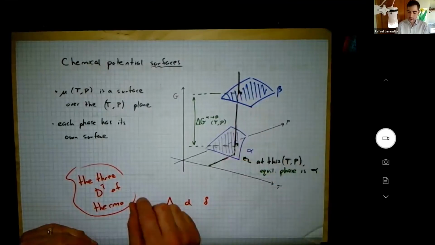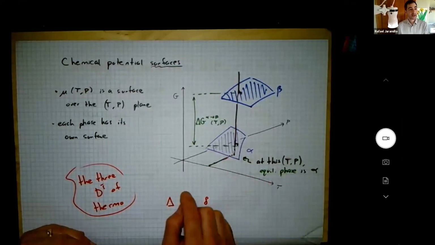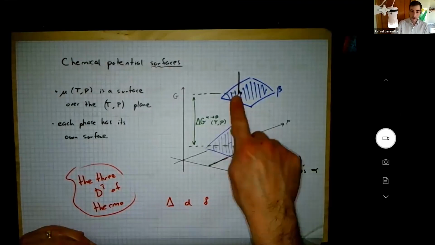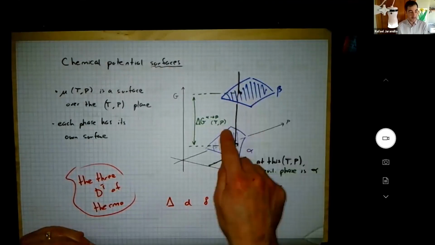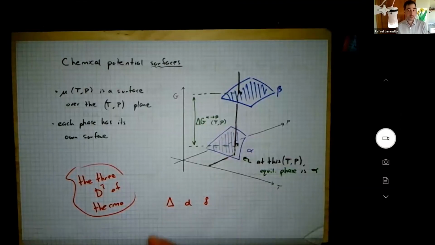Right? What's the difference between alpha and beta at this temperature pressure point? When calculating changes as a function of temperature and pressure in a given phase, we consider moving along these surfaces. And the calculus that we've established so far to this point in the class gives us everything we need to do those calculations.